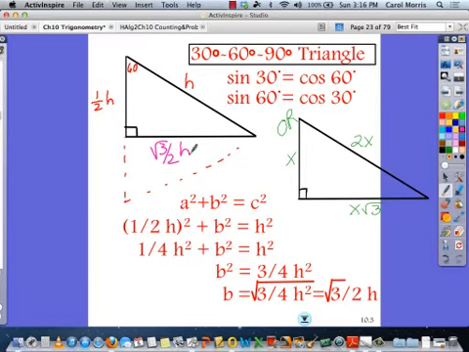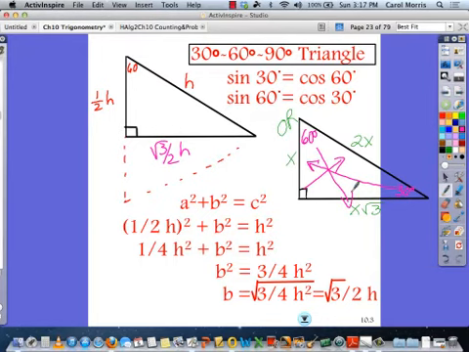And again, still in our picture, that's our 60, that's our 90, and that's our 30. So you should have memorized across from the 90 is always 2x, the longest edge. Across from the 30 is half of that, or x. And across from the 60 is x times the square root of 3.